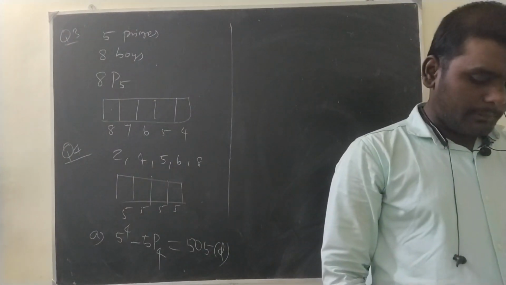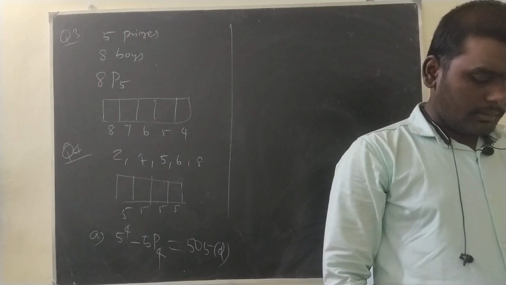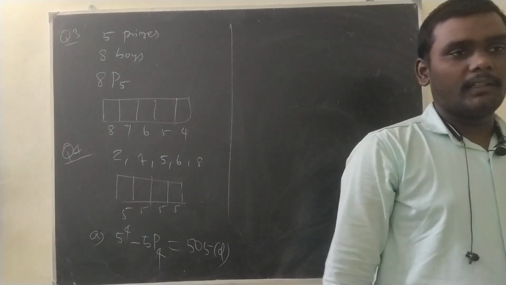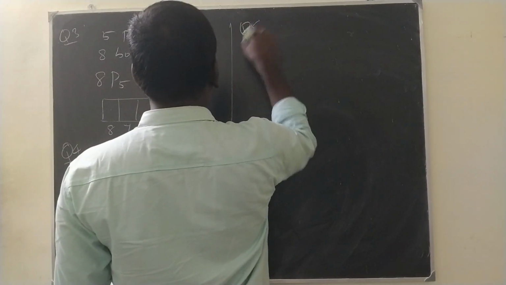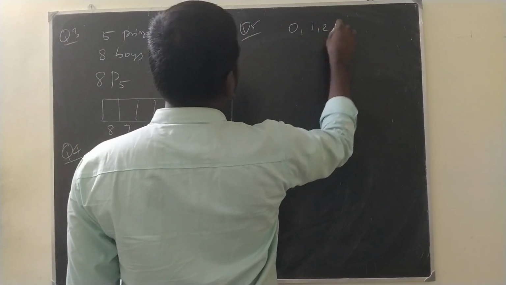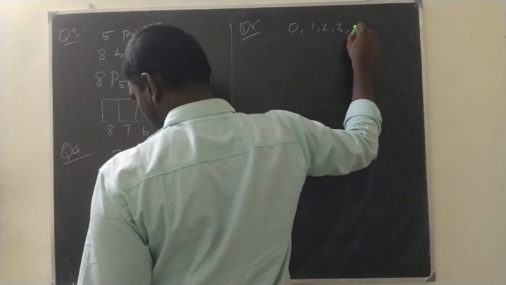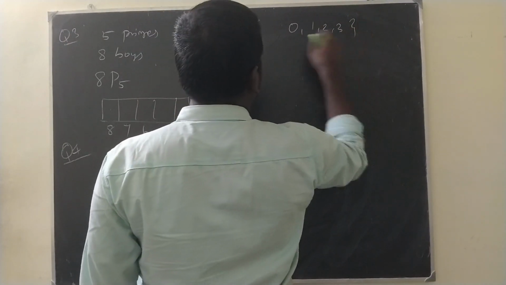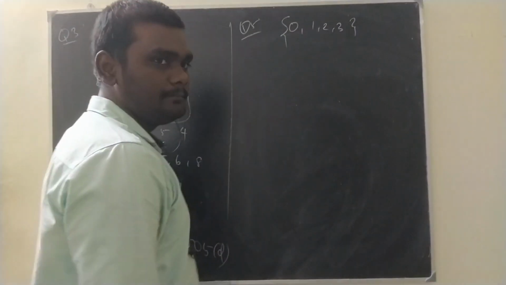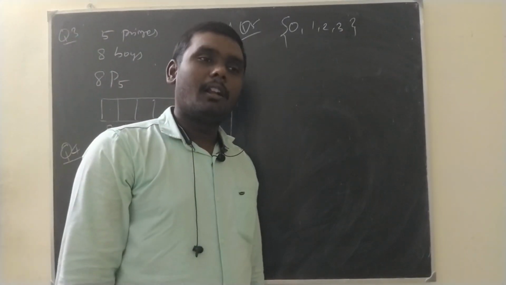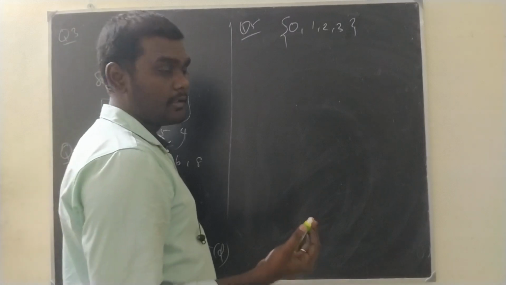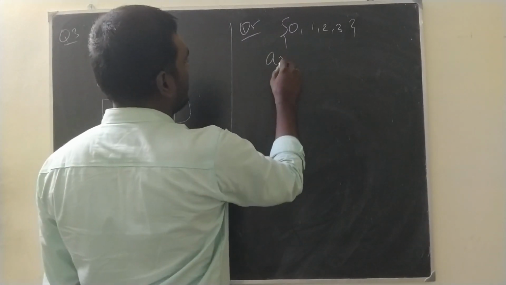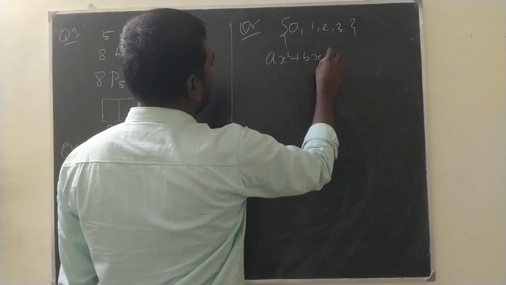The number of quadratic expressions with the coefficients drawn from the set 0, 1, 2, 3 is lambda. First of all, what is a quadratic expression? The definition of a quadratic expression is ax square plus bx plus c.